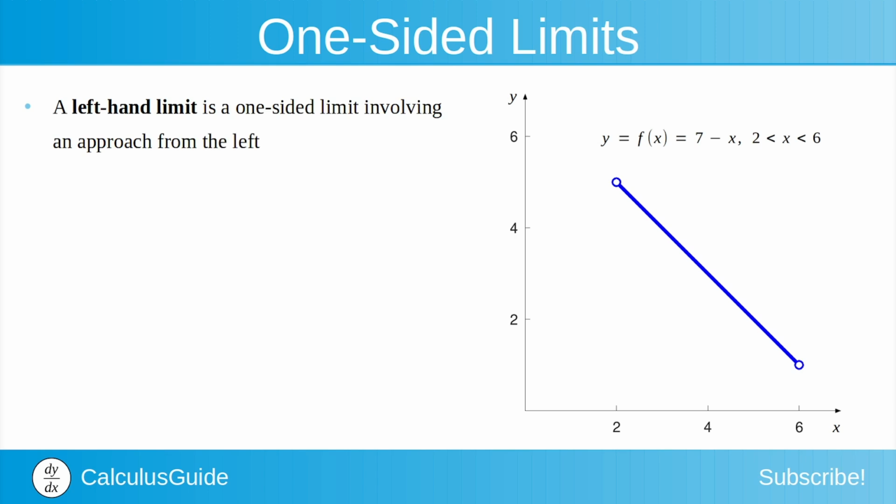A left-hand limit is a one-sided limit involving an approach from the left. In the same example shown to the right, as x approaches 6 from the negative side of 6, through values less than 6, the value of f of x approaches 1.